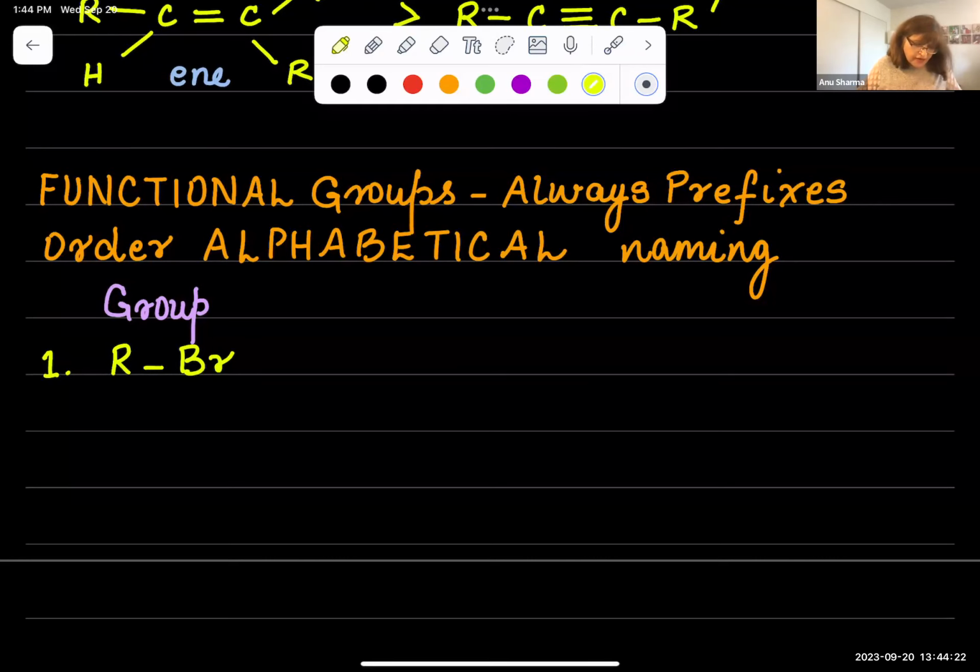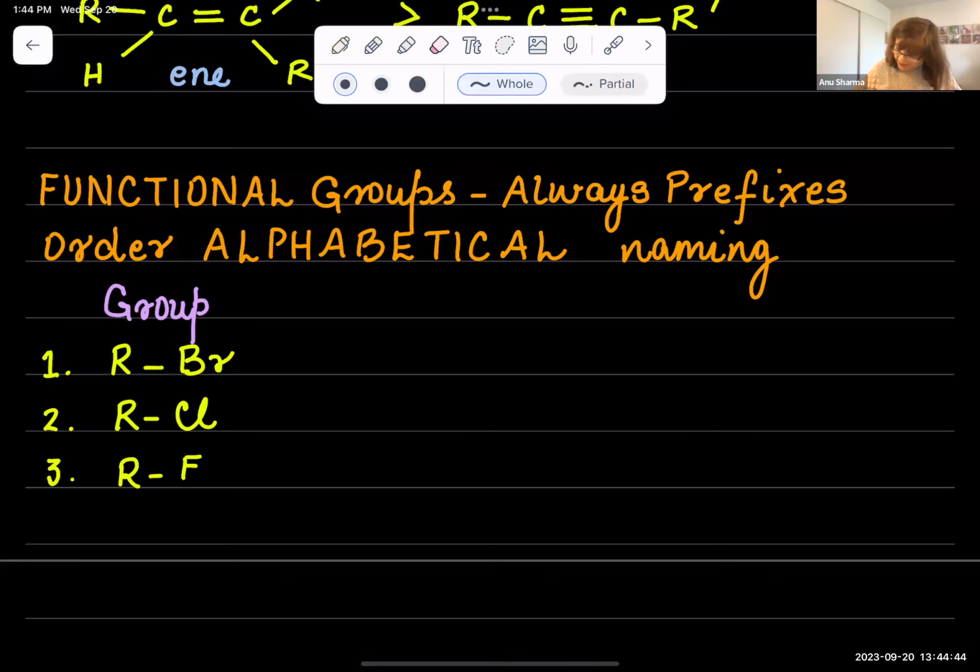These are the halogenated groups, so they are halogens, right? So RBr, second comes RCl, third is RF, and the last one is iodine, R, I. So this is their order.